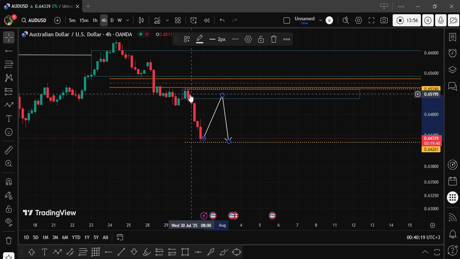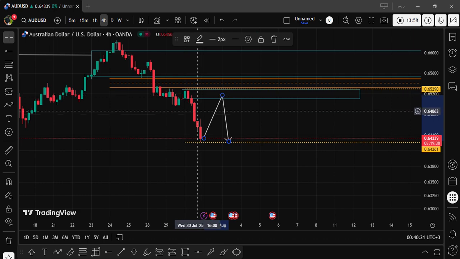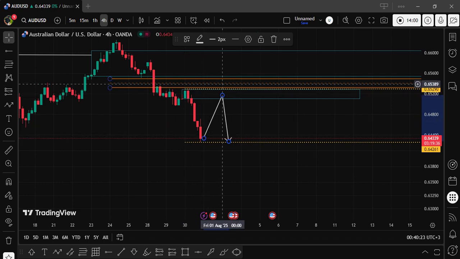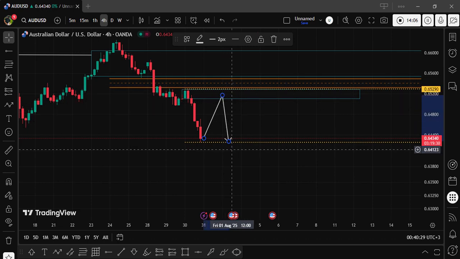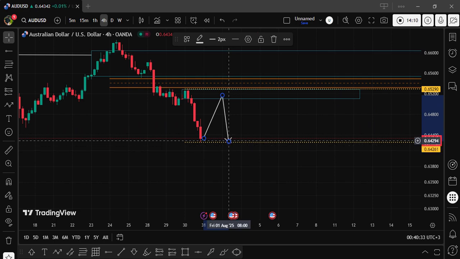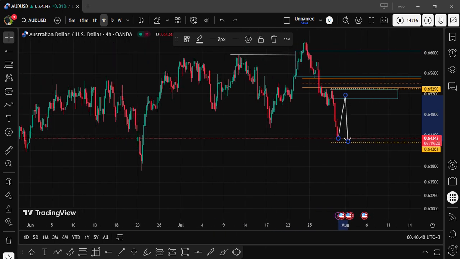If you want a perfect entry, you wait for price to come back, take out this high and close below. If it closes below, expect price to come and take out this day's low. So that's why you can come in for sells targeting this low, and if you're good at holding, you take it up to this zone right here.